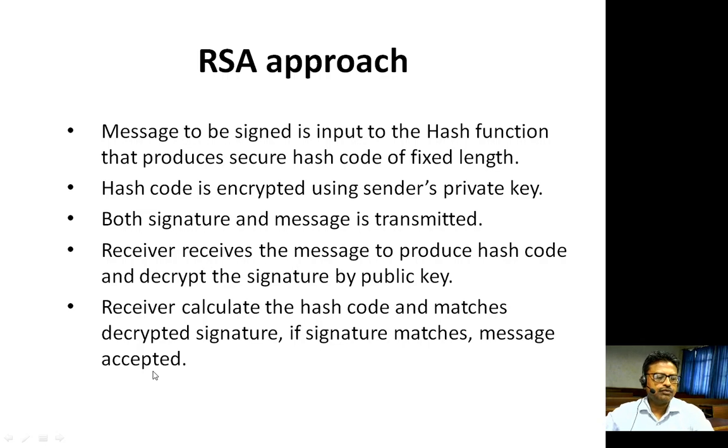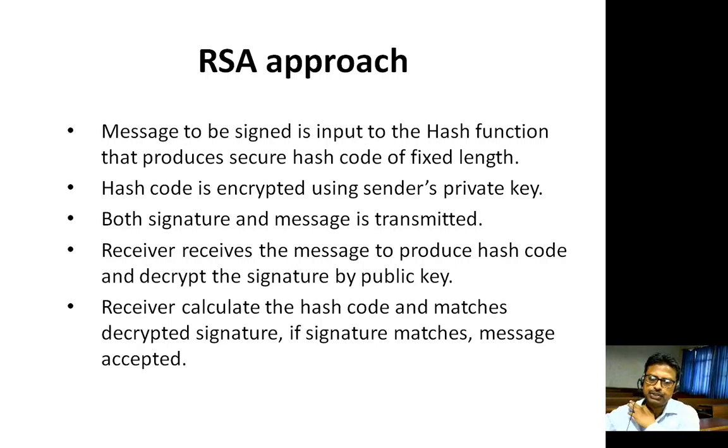The case when it will not be accepted is when the hash value calculated and the hash value obtained after decrypting the signature do not come out the same. It means there has been some alteration in the message in between, because the message is sent on the open network in plain text form, so anybody can change it.